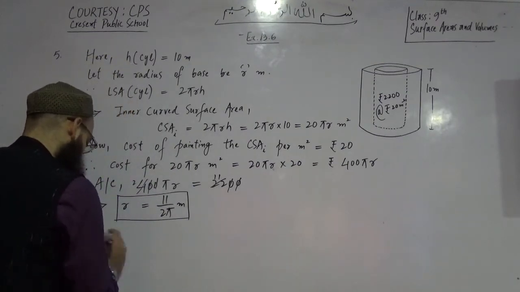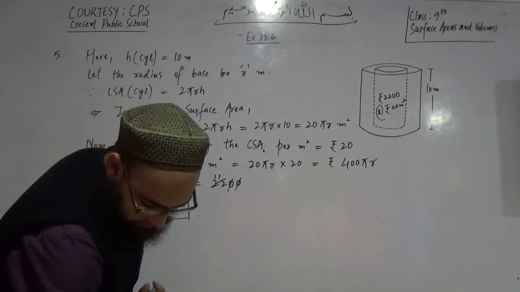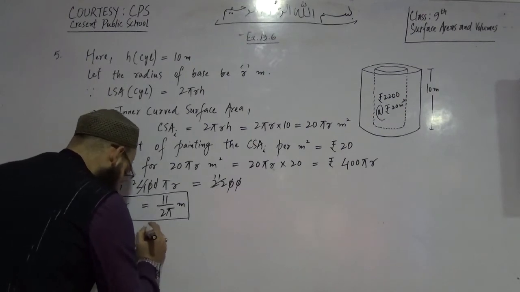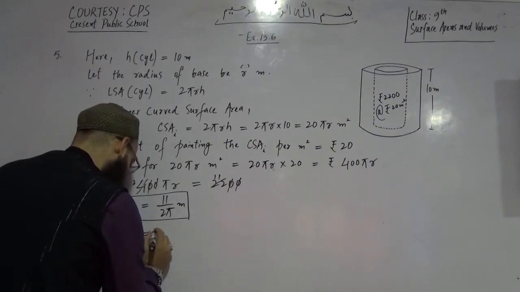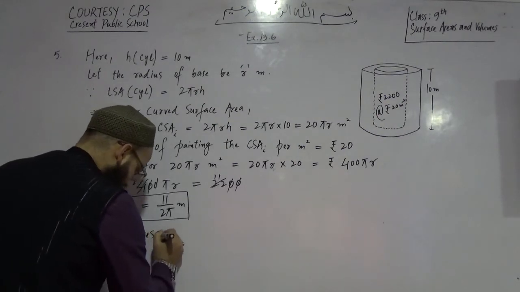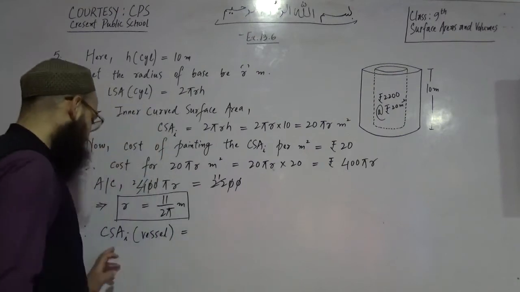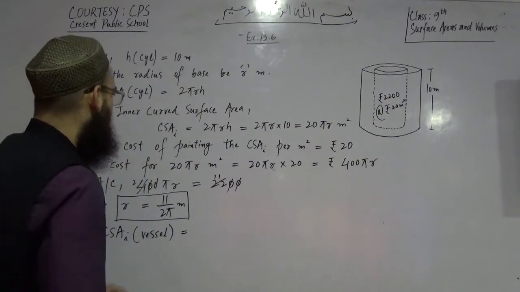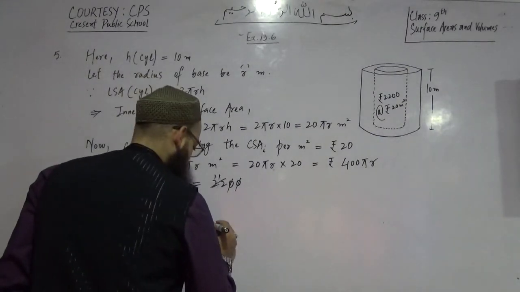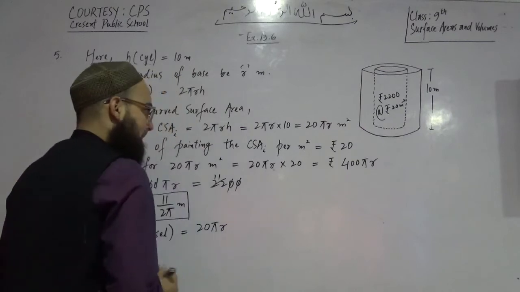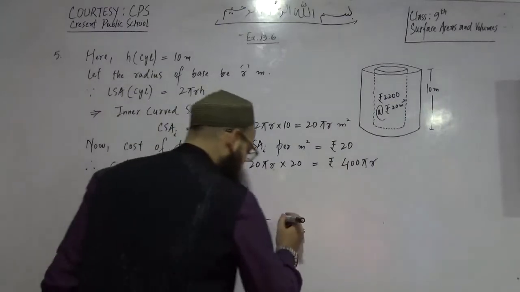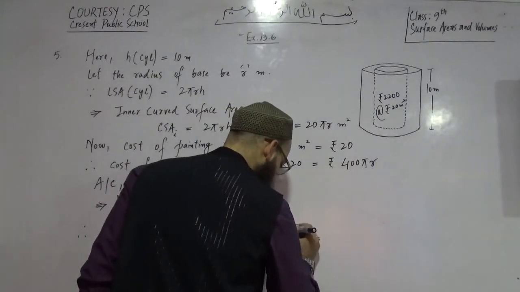Therefore, now let us find the inner curved surface area of vessel. CSAI is equal to 20 pi r, that is equal to 20 pi times 11 by 2 pi.